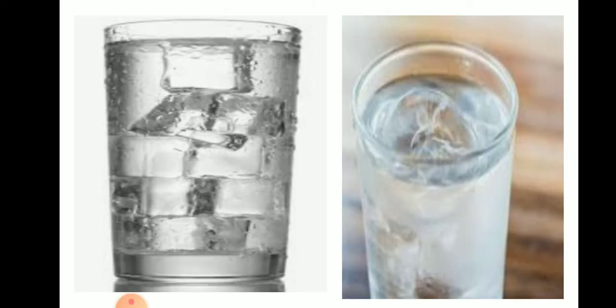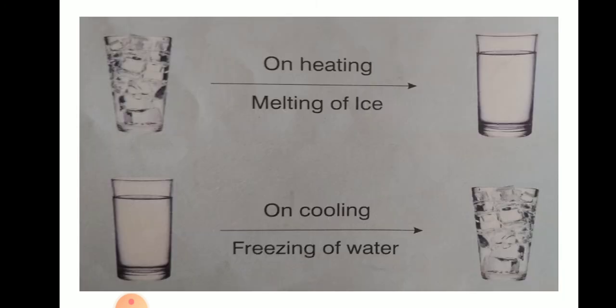Here children, let me take water as an example. Here this is in a solid state and the water is in a liquid state. Let me take water as an example and see what will happen. Here children, here are ice cubes, right? It's a solid state.